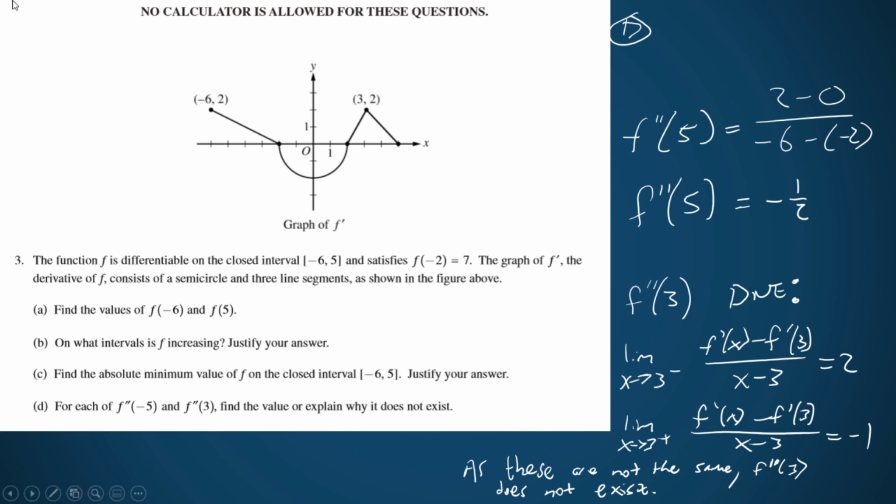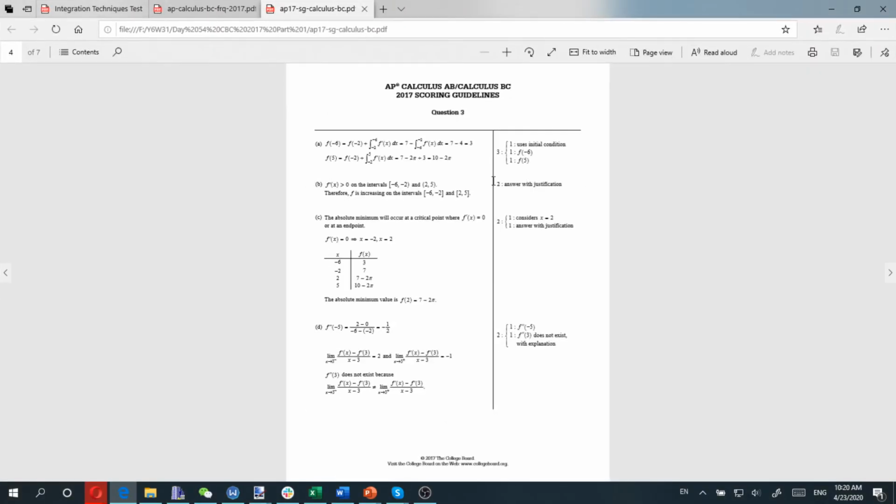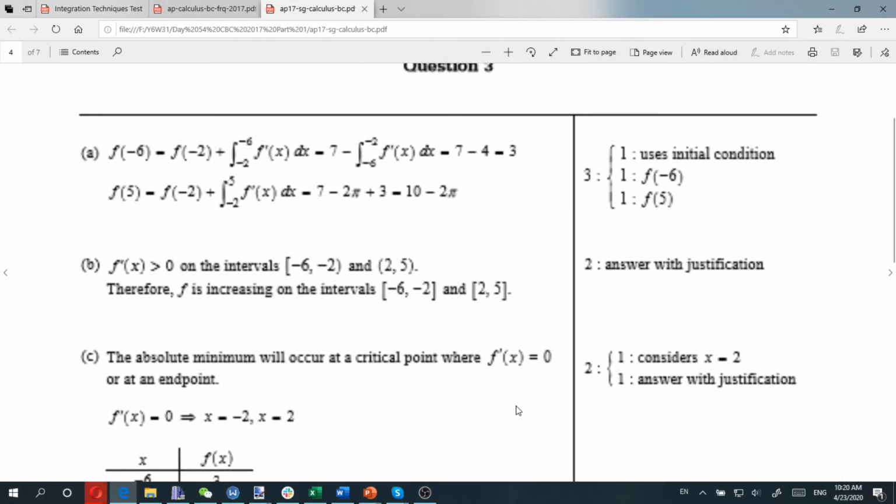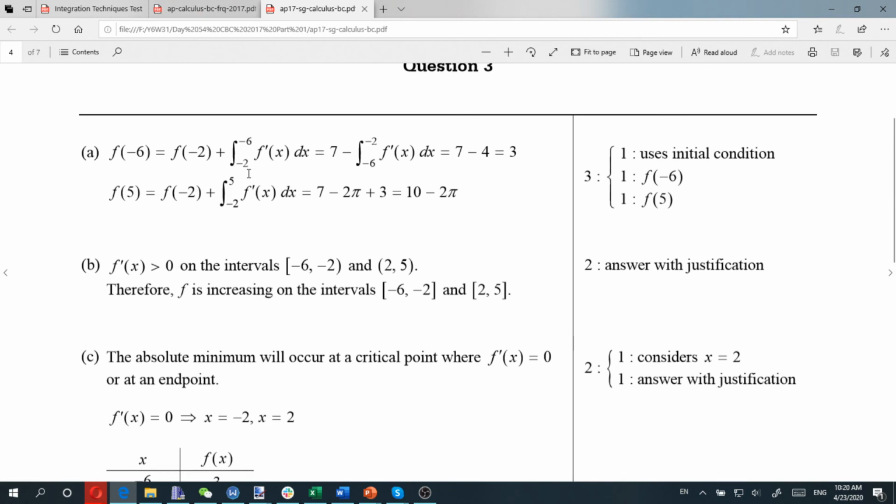I'm going to throw this up here. Scoring guides. Okay, we had everything for A, for B. Oh, okay, they did throw that. I just didn't see that the first time, so I was looking at this last line. But so we're okay on the open and closed parts of the interval.